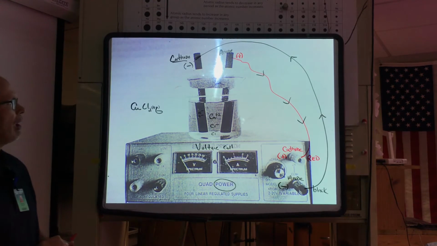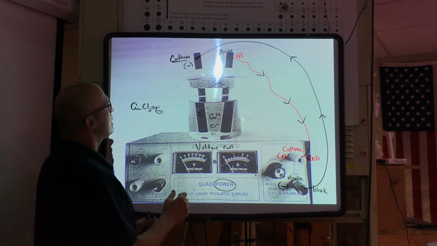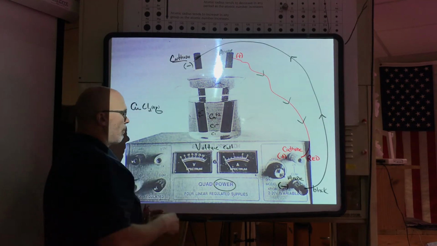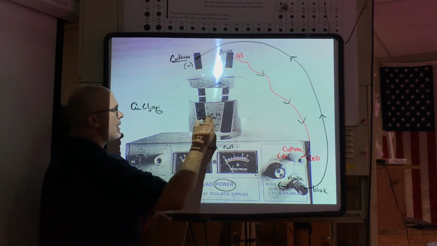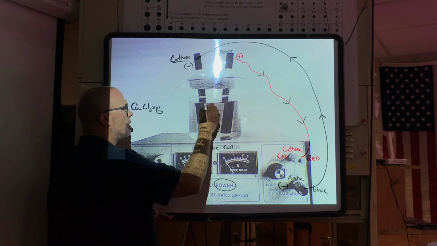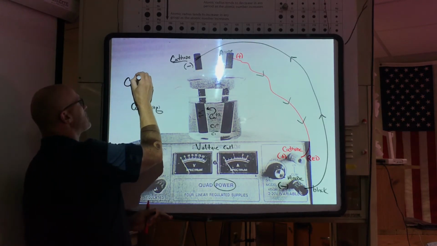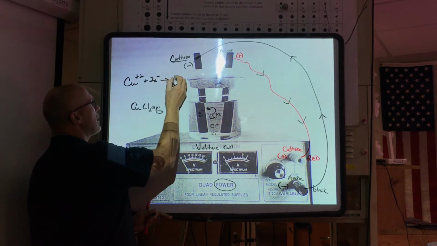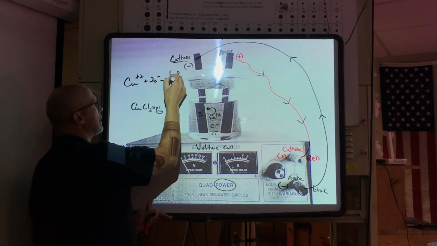Now, what's happening is, the way that I drew it, I'm making a negatively charged cathode, which means the copper +2 in solution is going to be forced to reduce and make pure solid copper.